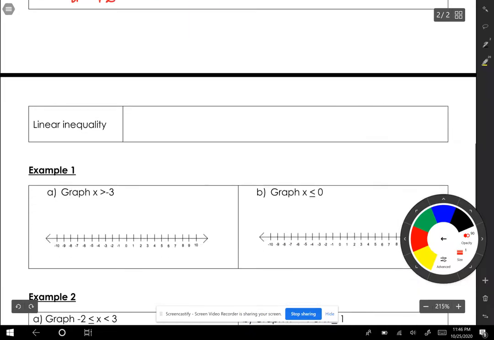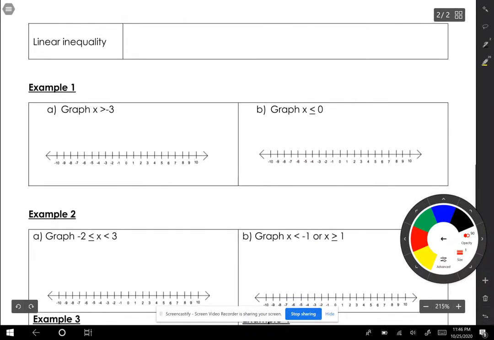Okay, now going to section 1.6, we're going to talk about linear inequalities. A linear inequality is an inequality with an equation of a line. A linear inequality uses less than, greater than, less than or equal to, and greater than or equal to.